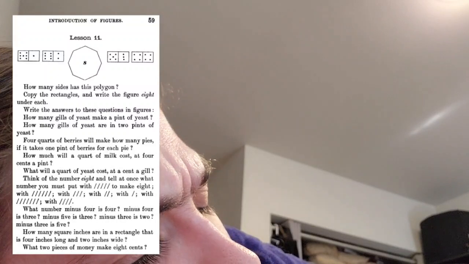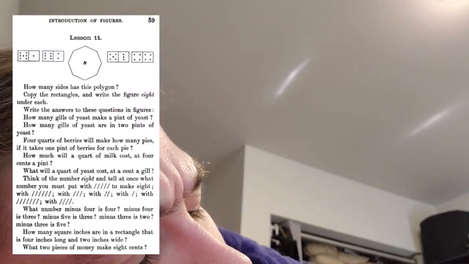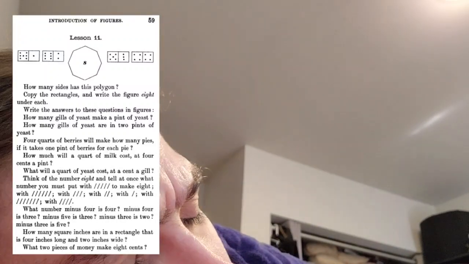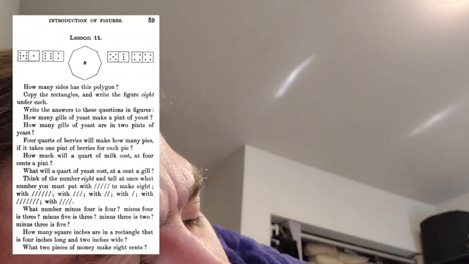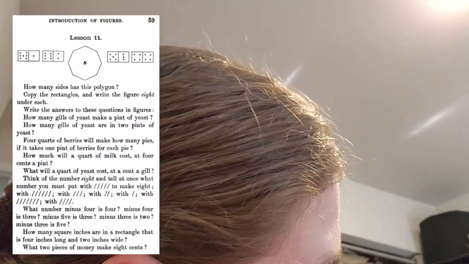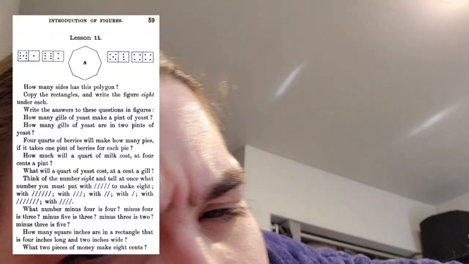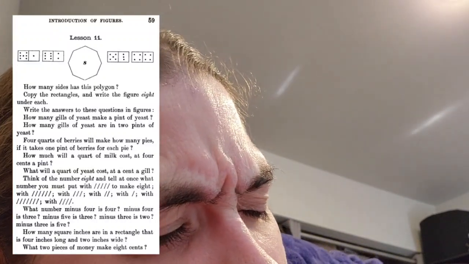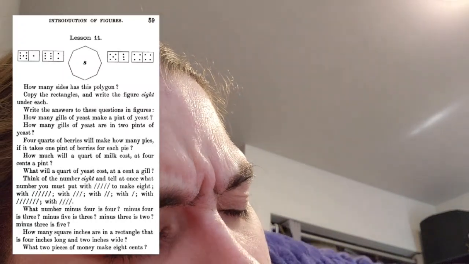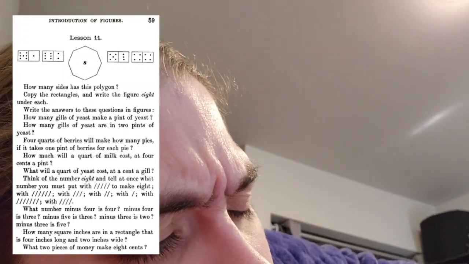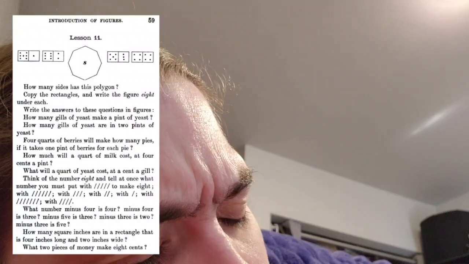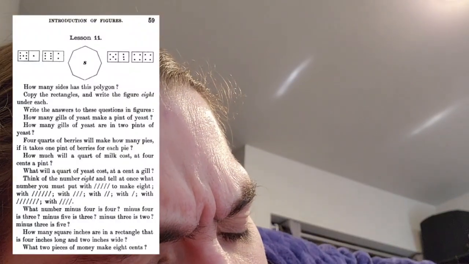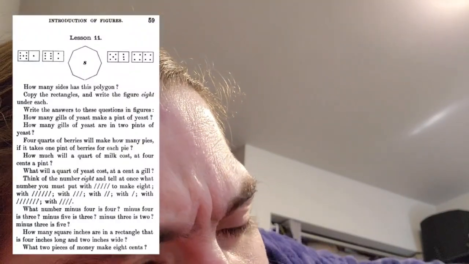So if it takes 2 pints to go into 1 quart, then it would take 4 pints to go into 2 quarts. Is that right? Is it 2 pints? You would get 2 pints of berries in 4 quarts. Or is it 4 pints?